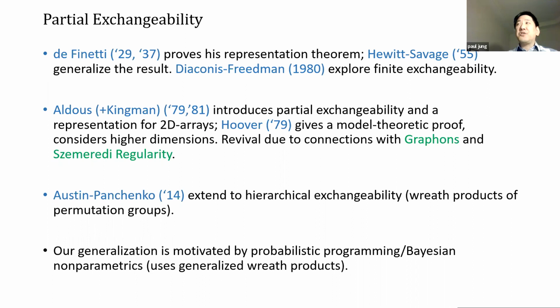And since Hewitt and Savage, there have been many works. Notably, there was a lot of work on finite exchangeability by Diaconis and also by Diaconis and Friedman. So there was a series of papers by Diaconis by himself, and then also together with Friedman.